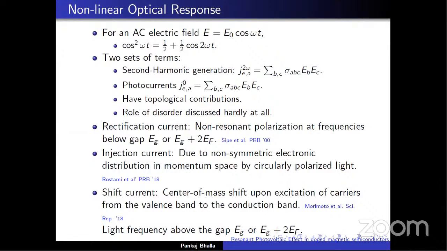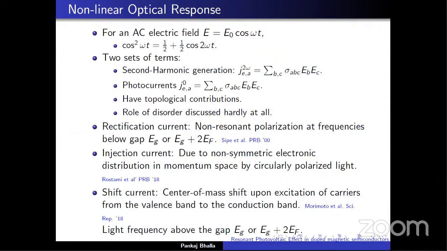When they interfere, because of the different phase factors, they will generate some phase due to this quantum interference between the two waves. Their electron distribution in momentum space will not remain symmetrical, due to which some current arises, which we term an injection current.